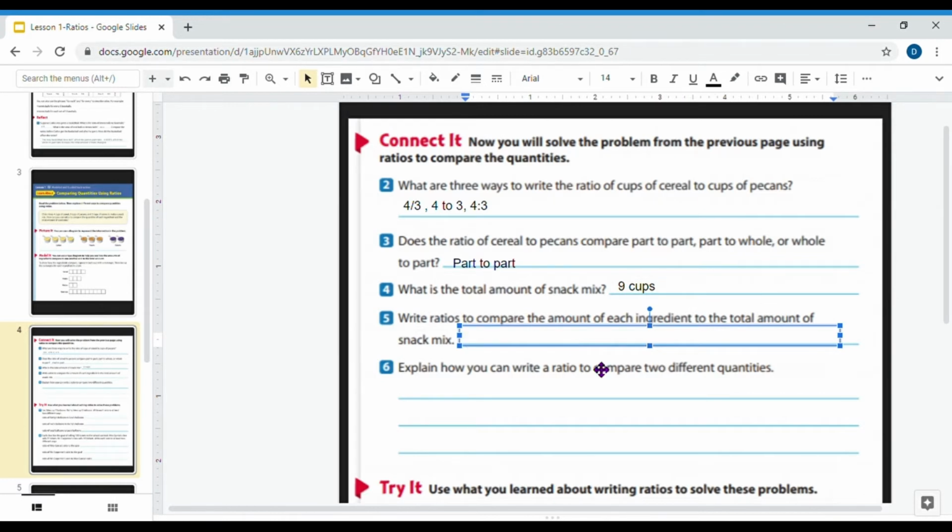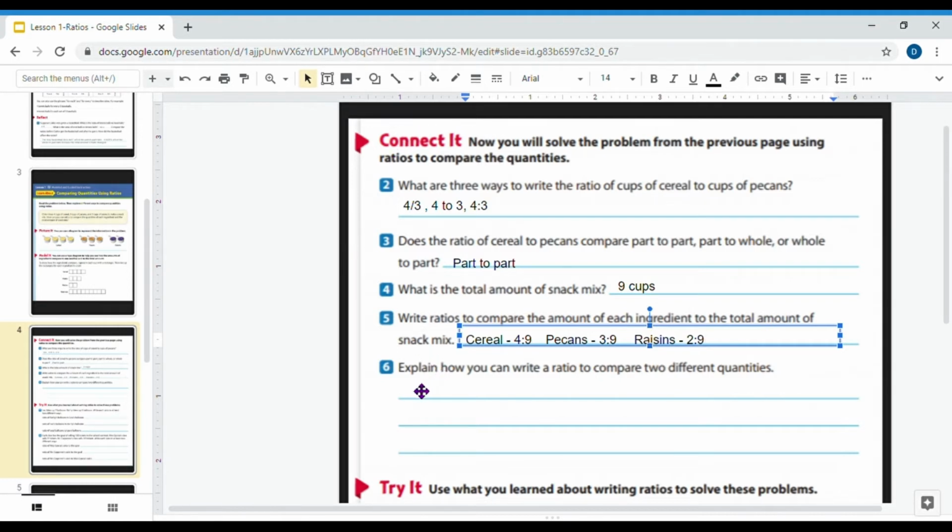That's the easiest way to write it on the computer. So for cereal, we've got 4 cups of cereal to 9 total cups. For pecans, we've got 3 cups to 9 total cups. And for raisins, we've got 2 cups to 9 total cups.